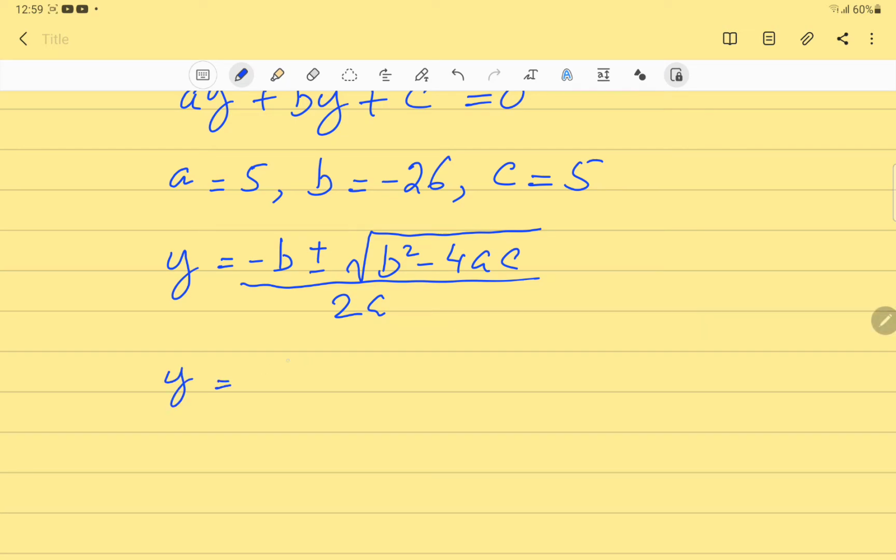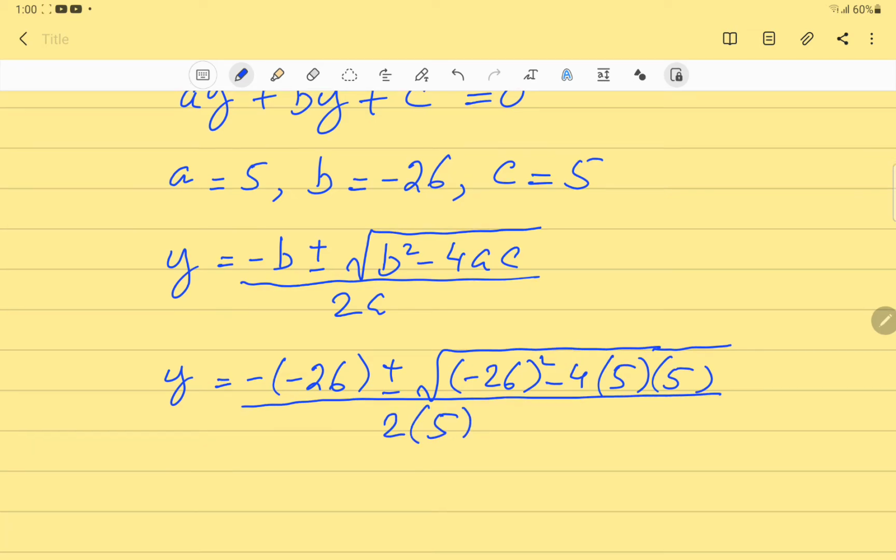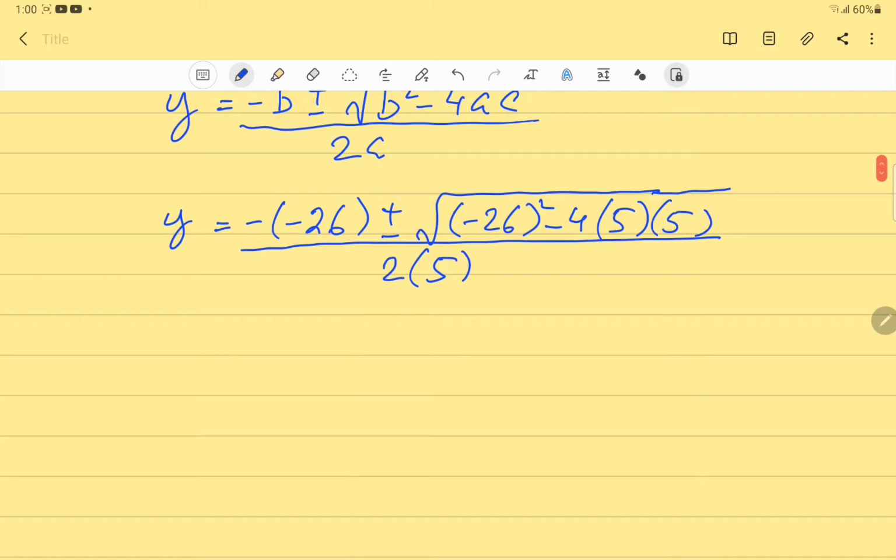So y is equal to minus into value of b, which is minus 26, plus minus square root of square of minus 26 minus 4 into value of a, which is 5, and then the value of c, which is again 5, divided by 2 multiplied by 5.